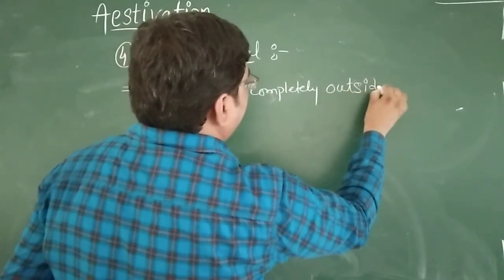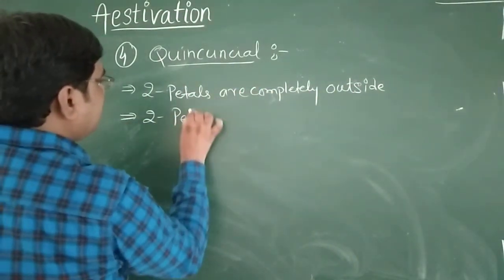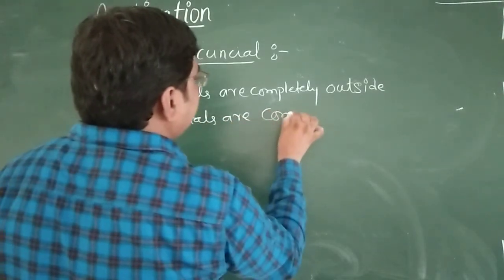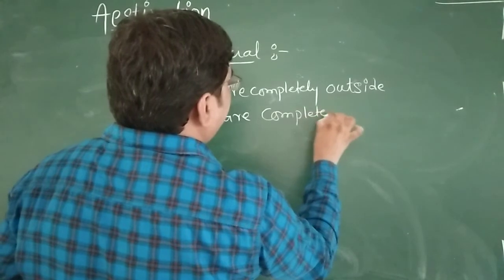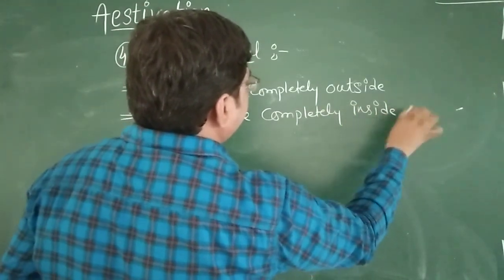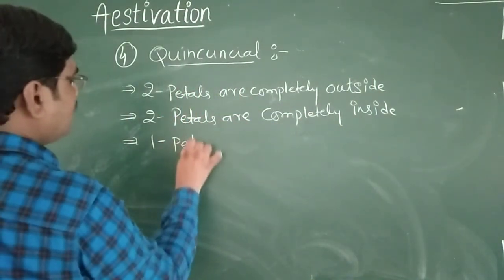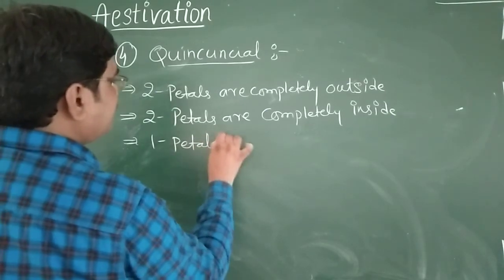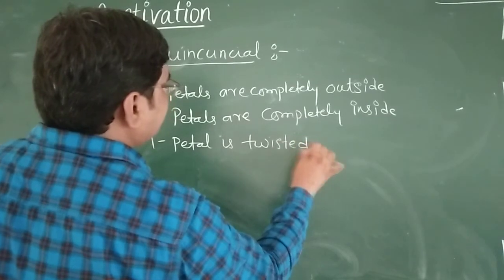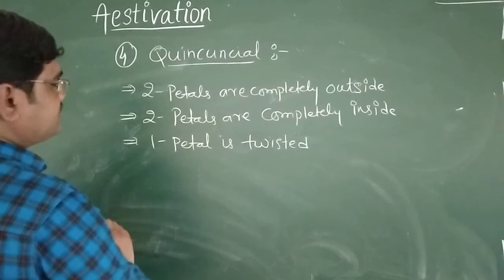Next, the remaining two petals are completely inside. The remaining one petal is twisted. Okay? So this type of arrangement is called quincuncial arrangement.